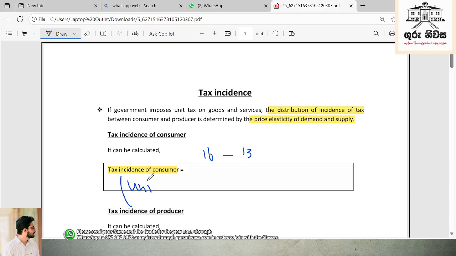What is 16? Equilibrium price after tax.